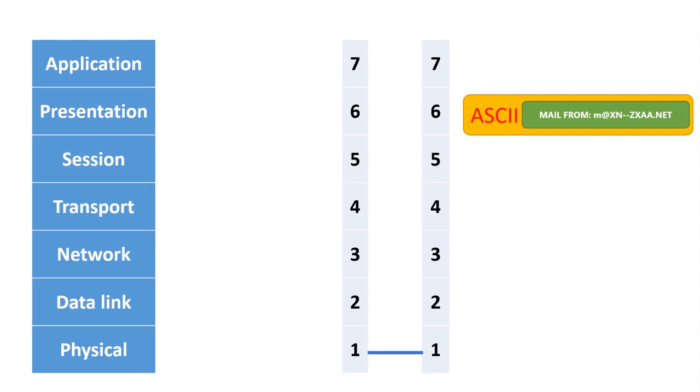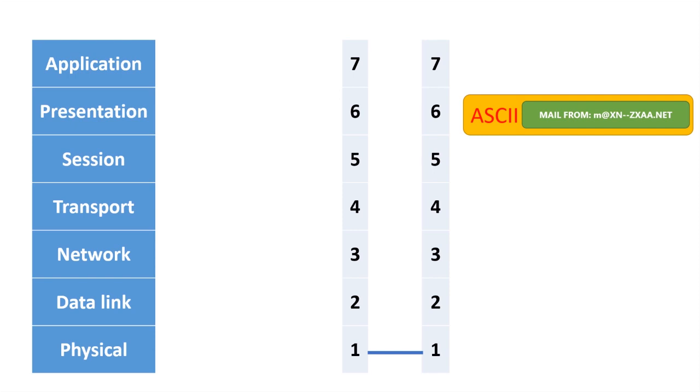Maybe our presentation layer is intelligent enough to handle different encodings. And this header simply tells it, this is in ASCII, so use your ASCII decoder to take whatever has arrived and then pass it up to layer 7, the application layer.